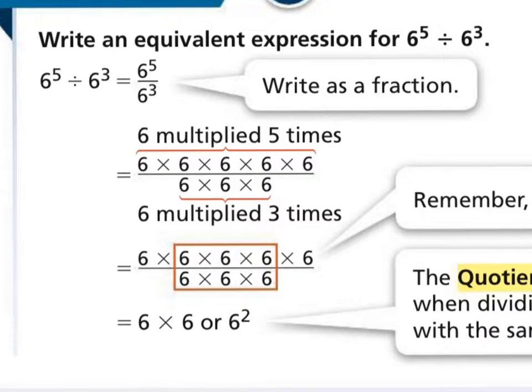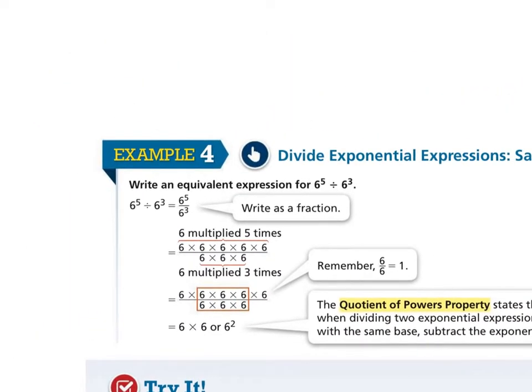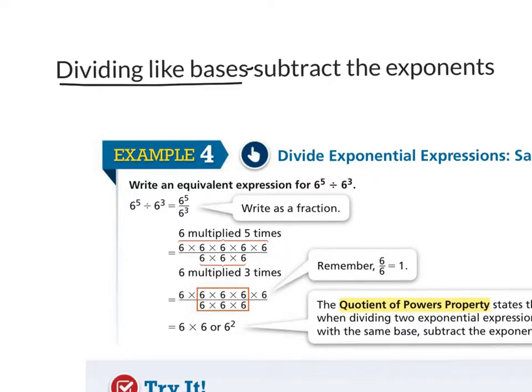Rather than going through all of that work, there is a simpler way we can do this. So when we did multiplying like bases, we added the exponents. Dividing like bases, then we will subtract the exponents. And basically it's just an idea, you know, those factors canceling out.